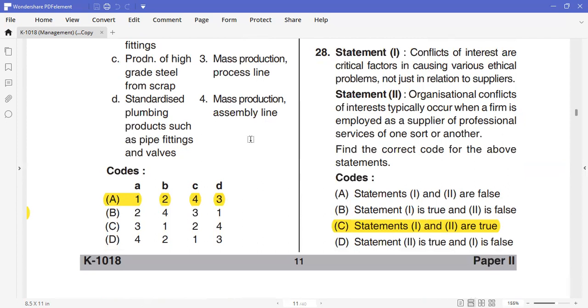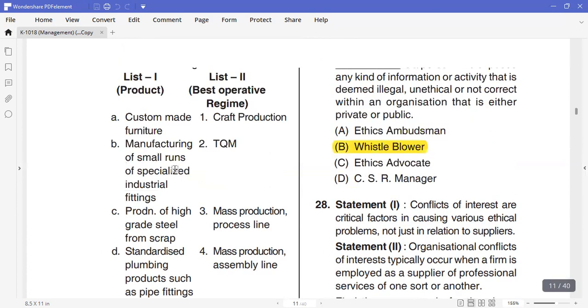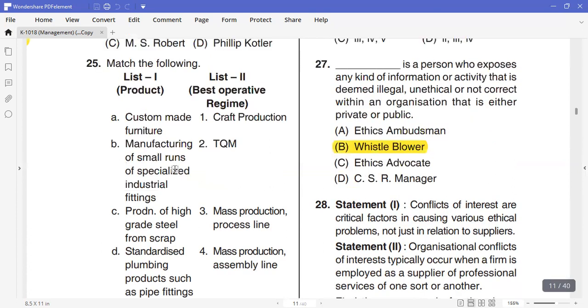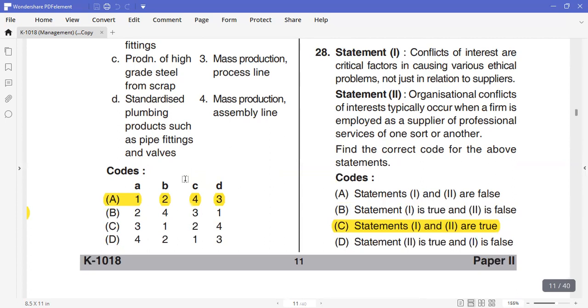That is standardized plumbing products such as pipe fittings and valves, mass production process line. Okay, so there's a difference between assembly line and the process line. So the correct option for D will be 3. So the correct overall option for 25th question is A. That is A21, B22, C24, and D23.